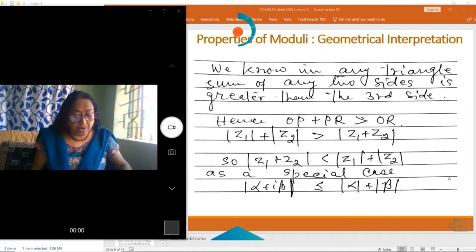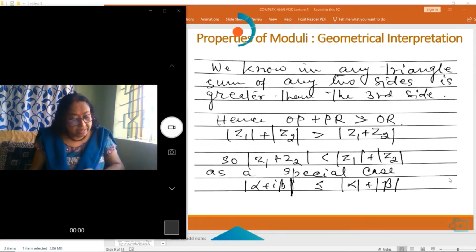OP is modulus of z1 and PR is modulus of z2, whose sum is greater than OR, that means greater than modulus of z1 plus z2. So, taking it on the left, we can write modulus of z1 plus z2 is less than or equal to modulus of z1 plus modulus of z2. In a special case, alpha plus i beta can be written as modulus less than or equal to modulus of alpha plus modulus of beta.